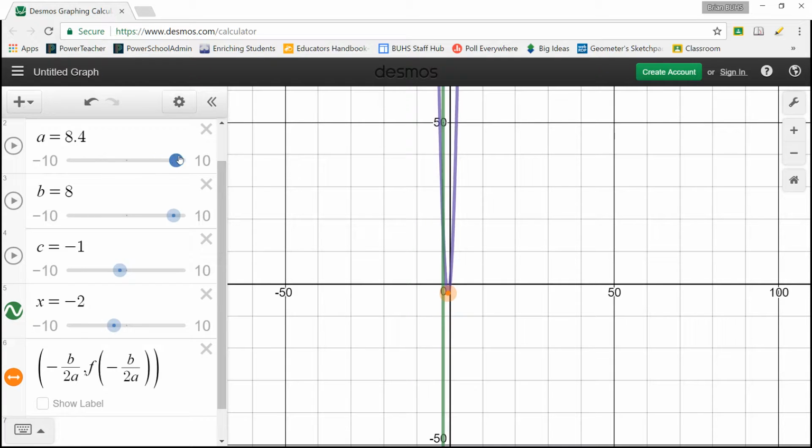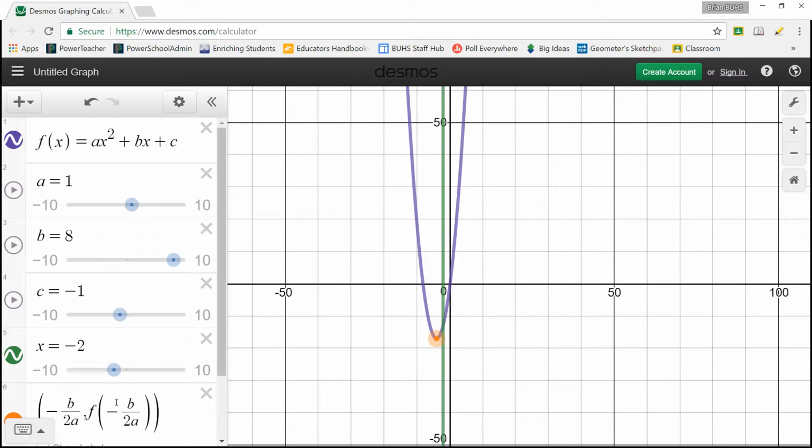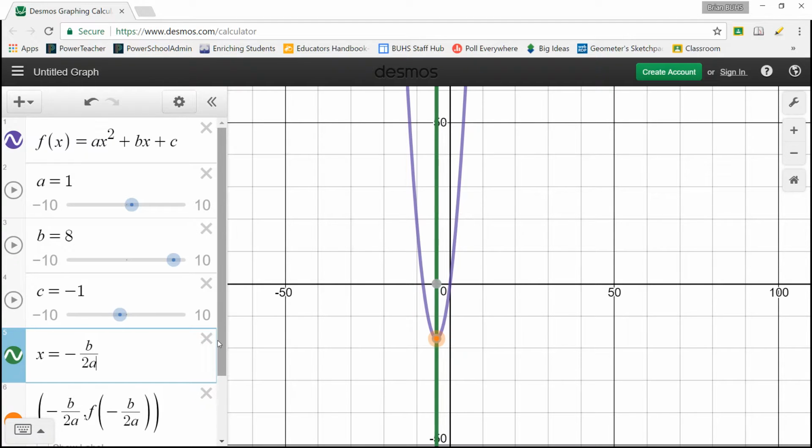So wherever I move this, the vertex, the orange point, is in fact happening at the x-coordinate -b over 2a, and the y-coordinate is whatever I get when I plug that x-coordinate into the function. And the axis of symmetry should be x equals -b over 2a as well.